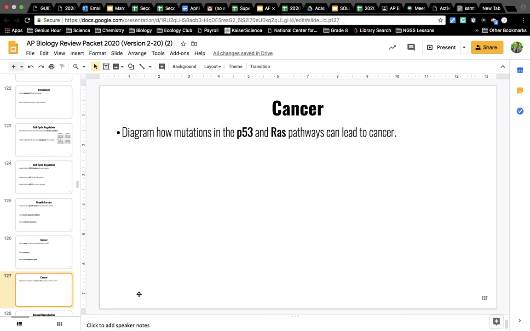Okay? So what happens is, if RAS is mutated, because RAS is a protein, it's made through DNA. If that DNA becomes mutated, meaning that there'll be different amino acids in different spaces, so the RAS protein is not functioning properly, then you get a non-stop phosphorylation cascade.